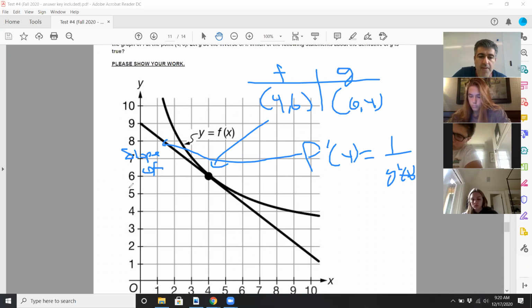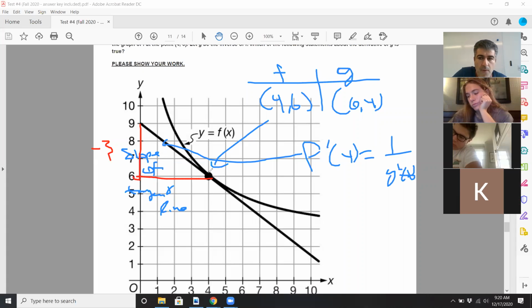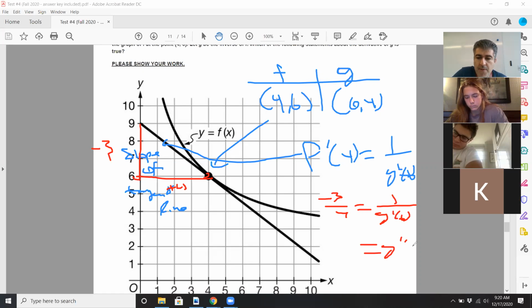That's the slope of the tangent line. I can find that slope so easily. From the y-intercept, we go down 3, right 4. So my slope is negative 3/4. But because g prime of 6 is the reciprocal of it, g prime of 6 is negative 4/3. And you just pick the right answer and you're done. That's all you gotta do.